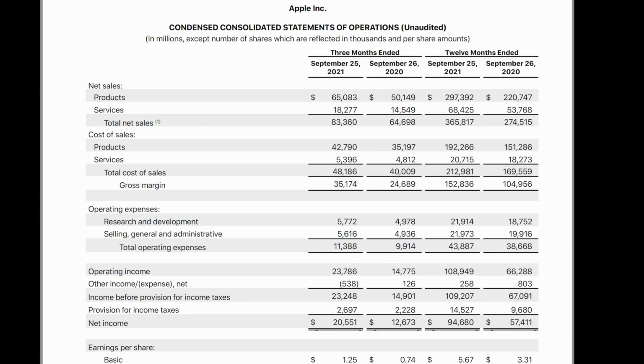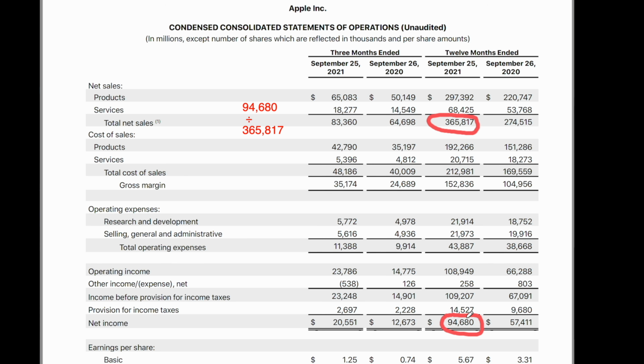Let's take a look at an example so that we can really understand what this concept means. In this example, we'll take a look at Apple's financial statements and calculate the company's net profit margin. In 2021, Apple had revenue of $365 billion, and its net income was $95 billion.